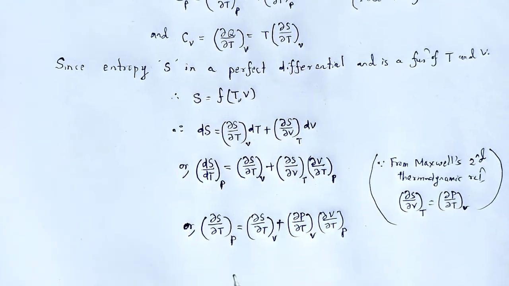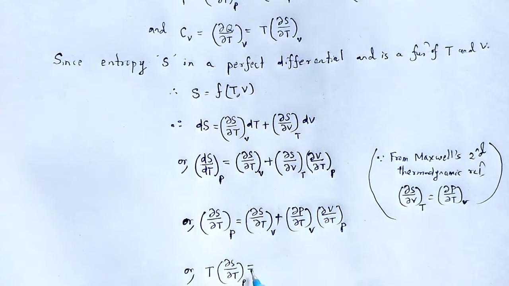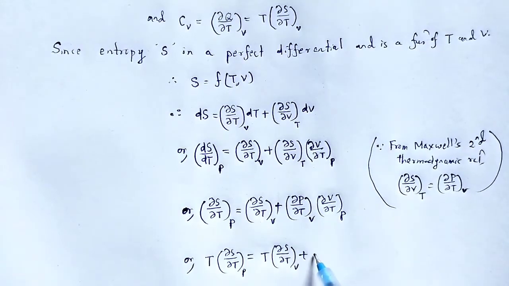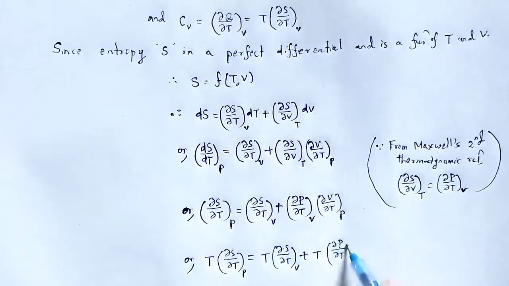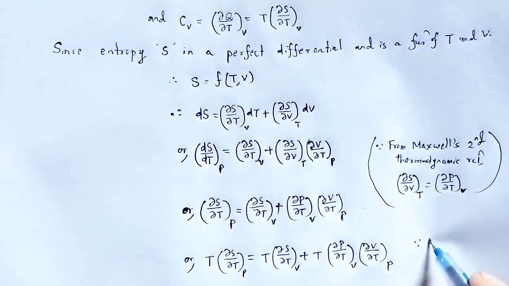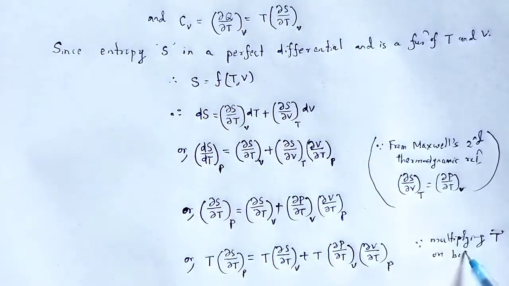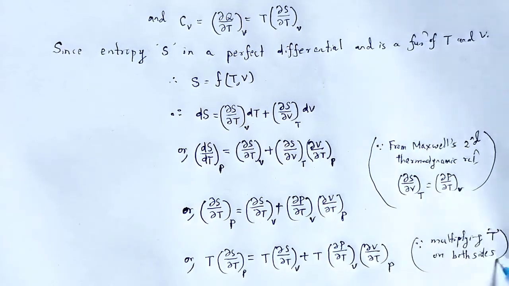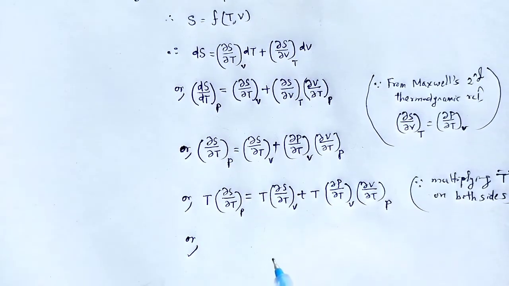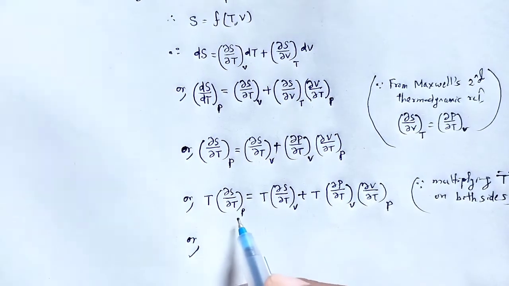Now multiplying T on both sides, T del S by del T at constant pressure is equal to T del S by del T at constant volume plus T del P by del T at constant volume into del V by del T at constant pressure.